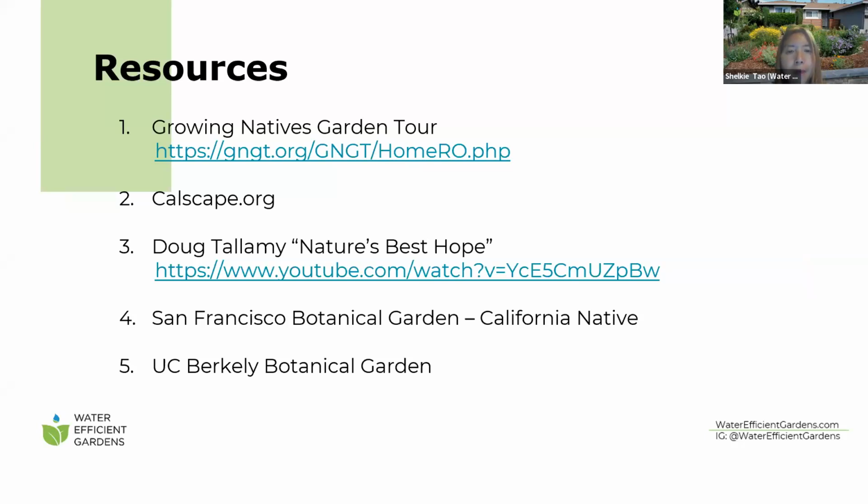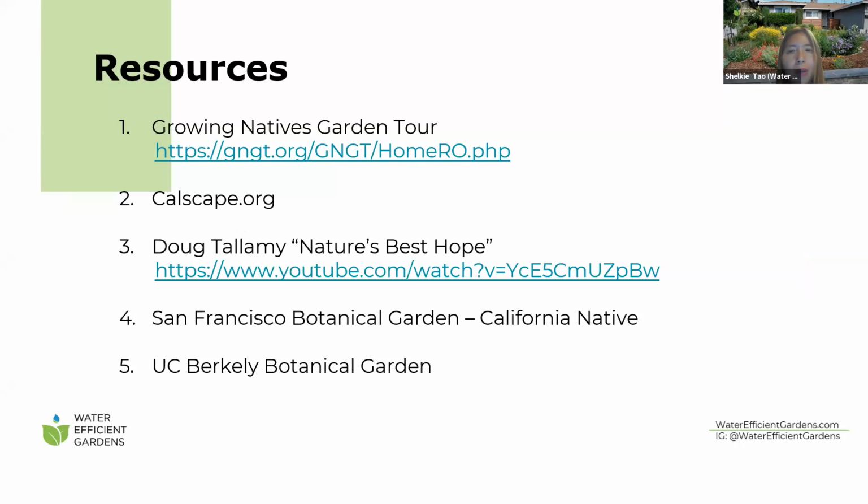There are a couple of very useful websites that you can use when you design a native garden. Calscape.org is the go-to website for anything native plants. I would say it has all the California native plants, and it has a very robust search function.